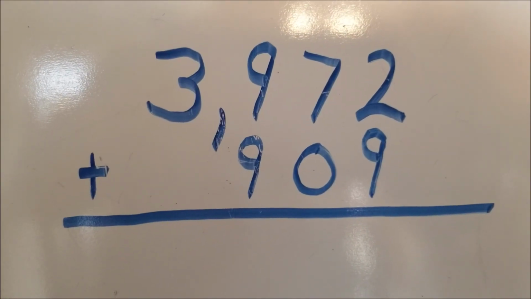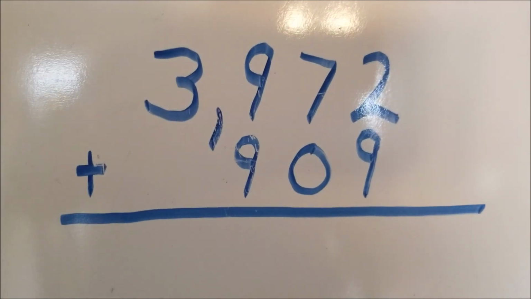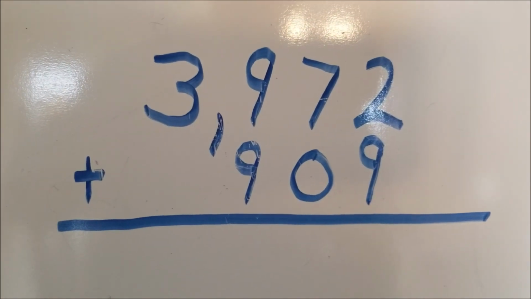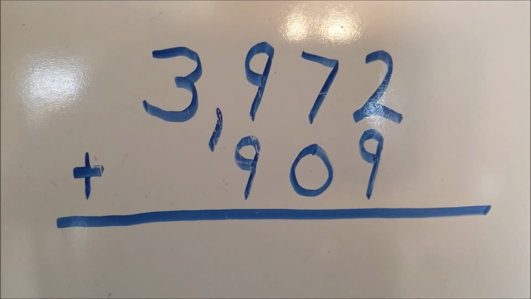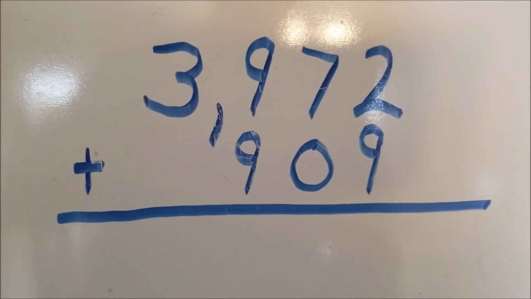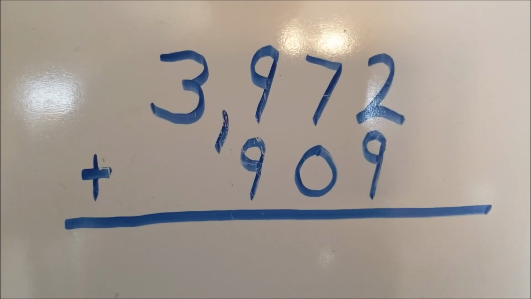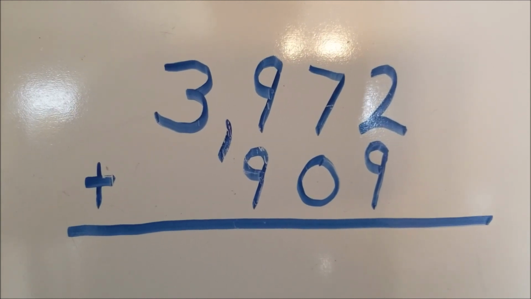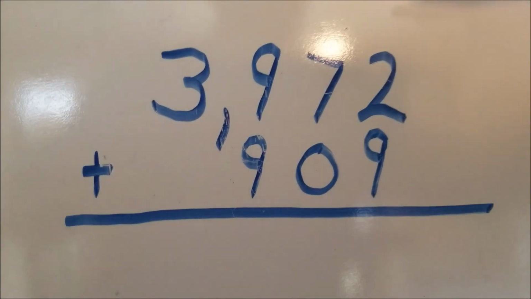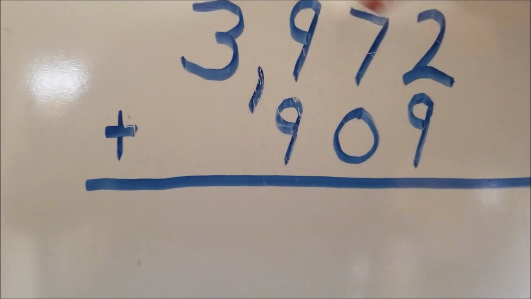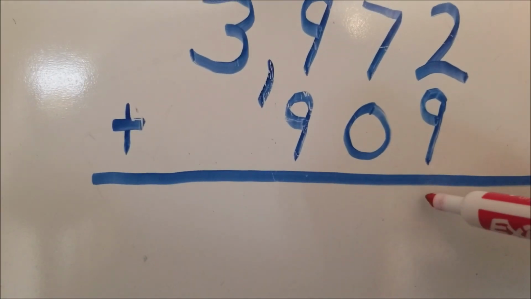Another skill that we need to review is making new tens or new hundreds when we add larger numbers. So let's take a look at this one. 3,972 plus 909. We know that 2 plus 9 equals 11.